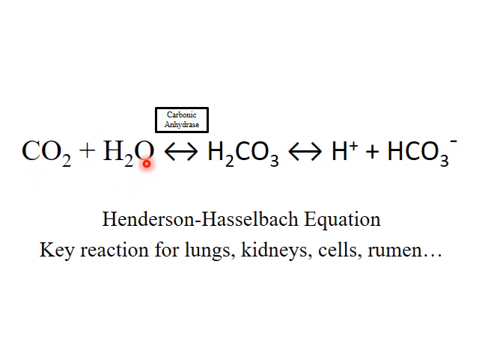These we consider more or less an excess. These are limited in their appearance. This is non-existent because if it's here, it's going to immediately go to there. Or if there's a mass action thing, it's going to force it back that way. So it's a key reaction in the lungs, the kidneys, the cells, and what we're going to focus on here, at least to get started, is the rumen and the ruminal lining.